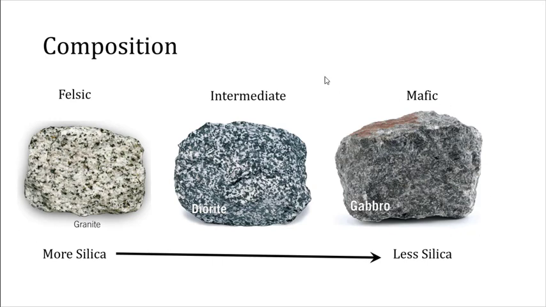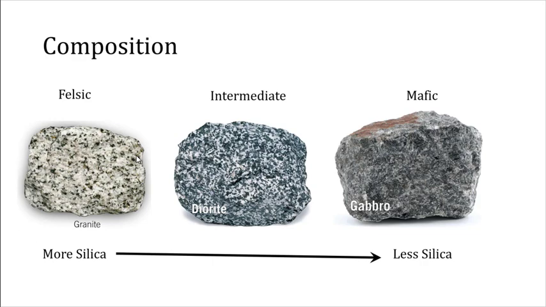Okay, but what I want you to focus on here is the color difference. Or just, I don't know, is it actually color? The difference between lighter, intermediate, and darker. Okay, that's our key to composition of igneous rocks.